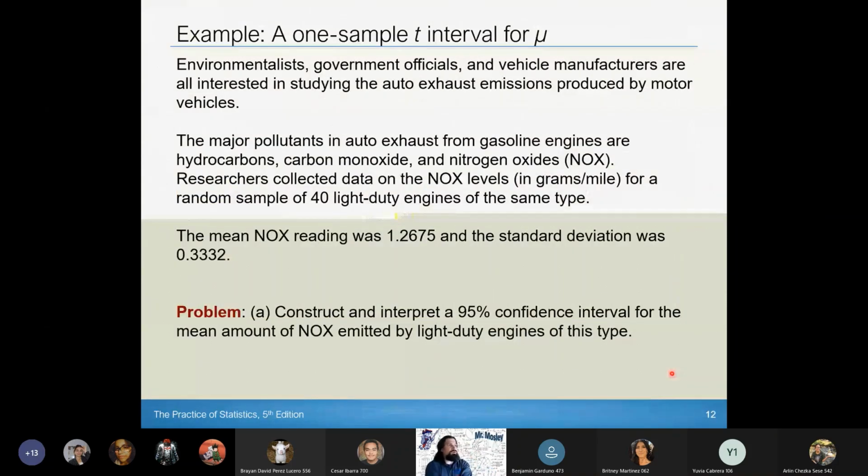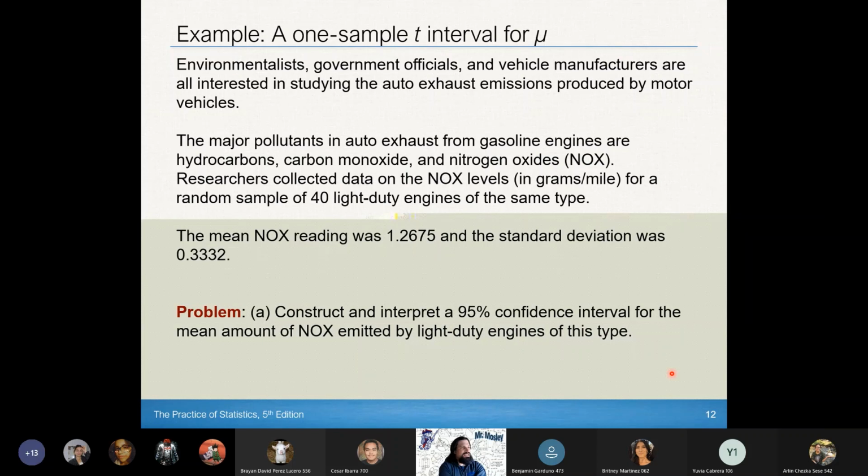The example. Let's see how to use this one sample t interval for mu. Environmentalists, government officials, and vehicle manufacturers are all interested in studying the auto exhaust emissions produced by motor vehicles. The major pollutants in auto exhaust from gasoline engines are hydrocarbons, carbon monoxide, and nitrogen oxides, or NOx.